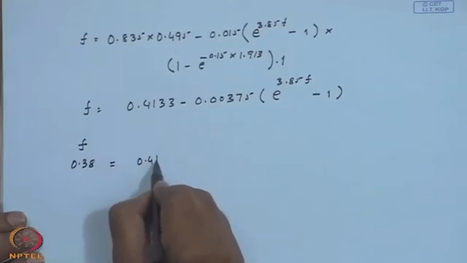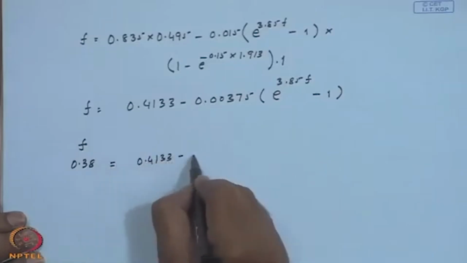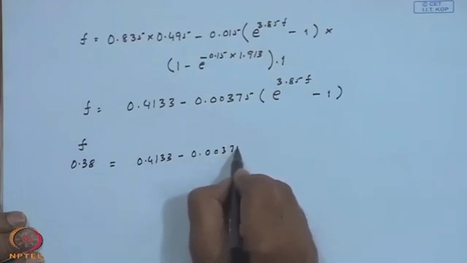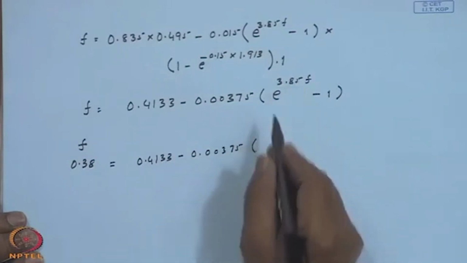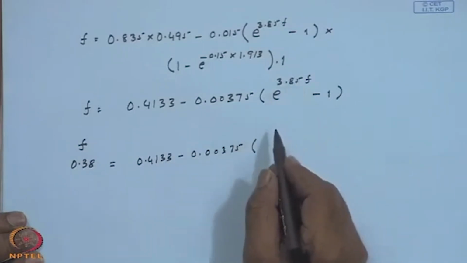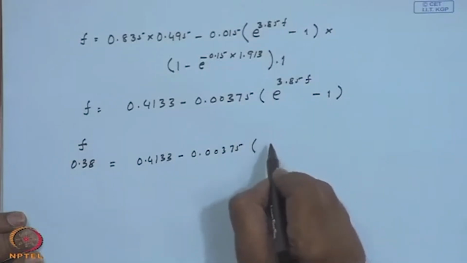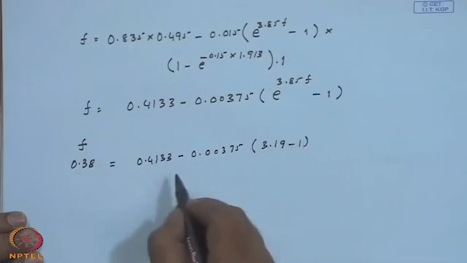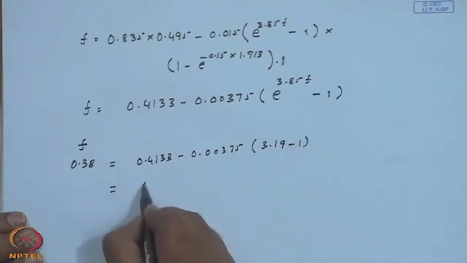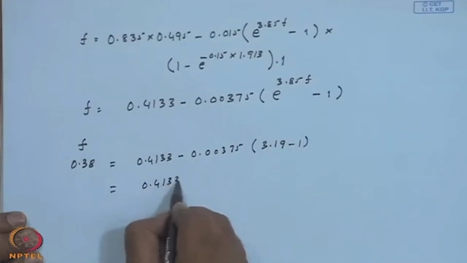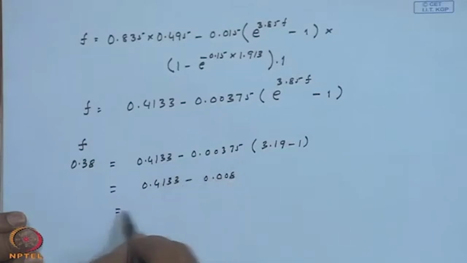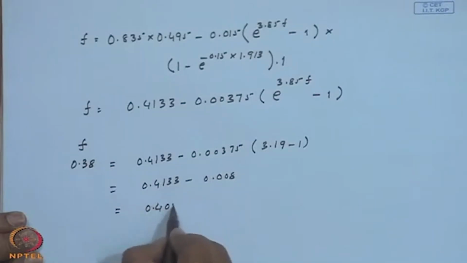That is equal to 0.4133 minus 0.00375 times, you put that 3.85 into 0.38, that will turn out to be 3.19 minus 1, which will be 2.19, equal to 0.4133 minus 0.008, that is 0.405.